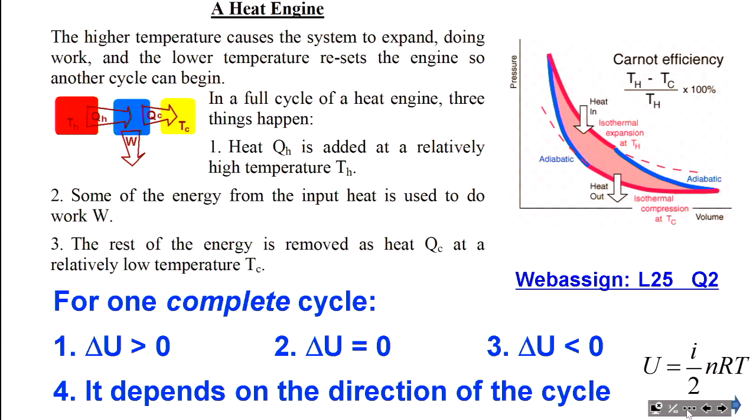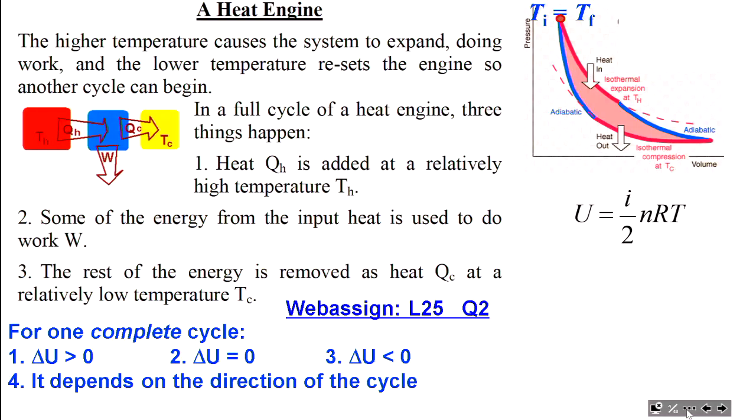So, the question is about the change in the internal energy for the complete cycle. The cycle is called the cycle because it starts and ends at the same state. And it doesn't really matter how complicated the cycle is. Eventually, no matter what process is being used, and there are many different processes, it's supposed to come to the initial state.